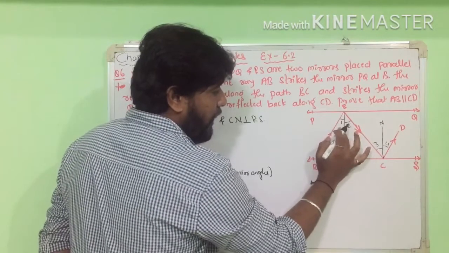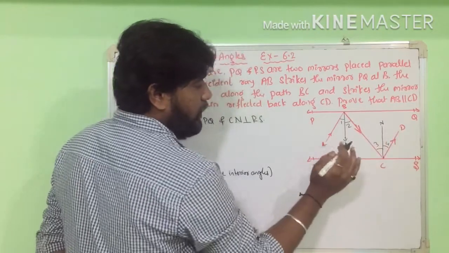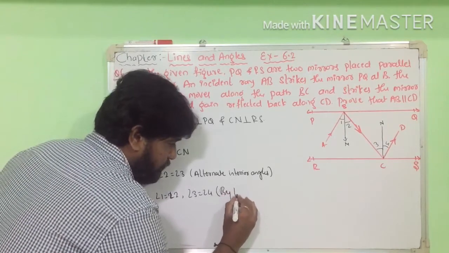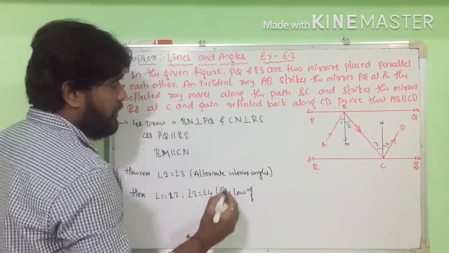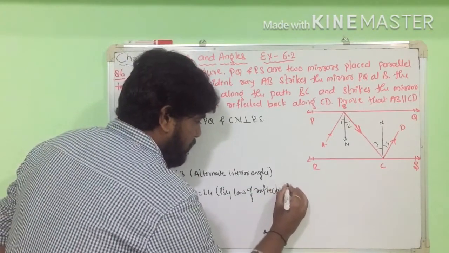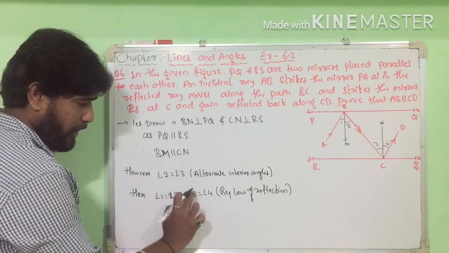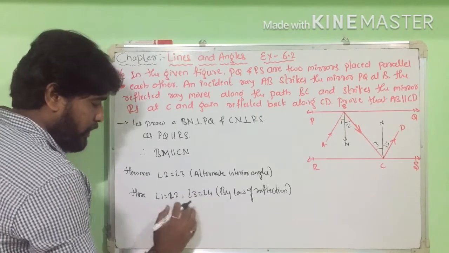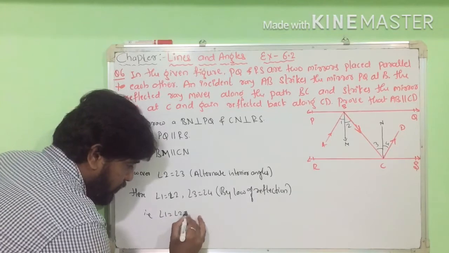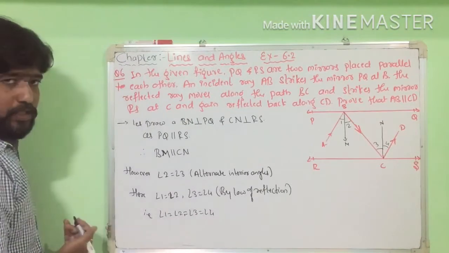So by the law of reflection these are equal. Is it clear? See here, angle 1 is equal to angle 2, angle 2 is equal to angle 3, angle 3 is equal to angle 4. It means angle 1 equals angle 2 equals angle 3 equals angle 4. These four are equal to each other, right?